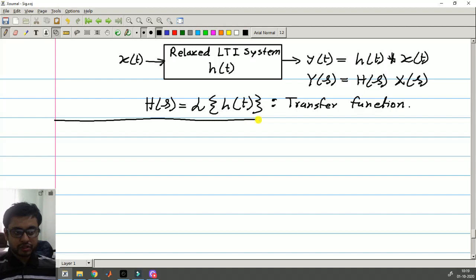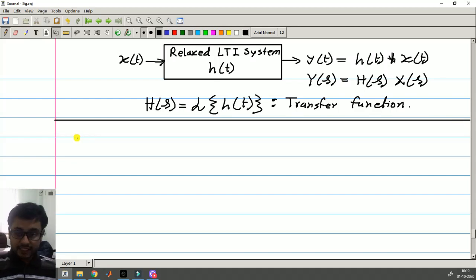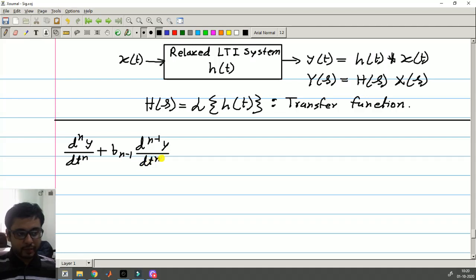Now suppose we have a system whose input and output are related via a linear ODE with constant coefficients like this: d^n y/dt^n plus b_{n-1} multiplied with d^{n-1} y/dt^{n-1} plus all other derivatives up to b_1 dy/dt plus b_0 y.